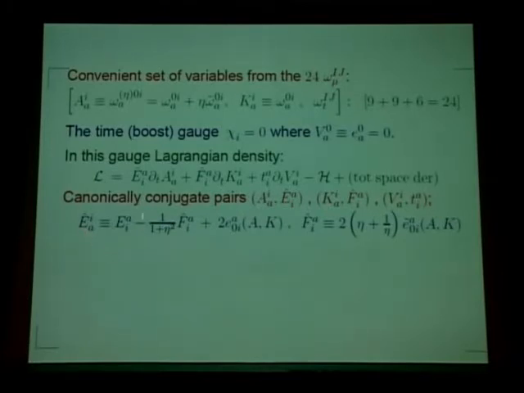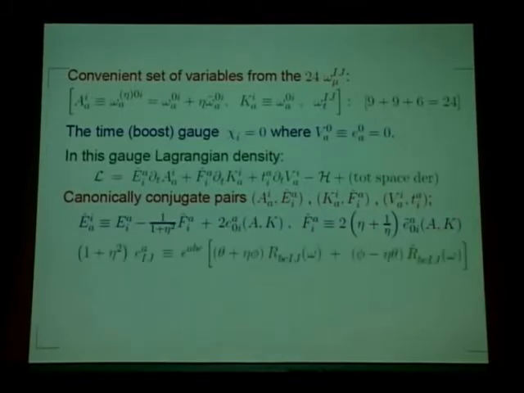And E hat is given in terms of the old variable, which in the time gauge is nothing but the densitized triad, plus 1 plus eta square F hat plus some function of A and K which depends on theta and phi. And F hat is this object. And these E variables are explicitly displayed here. They depend on theta and phi and eta through these combinations.